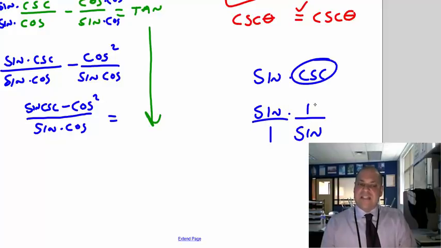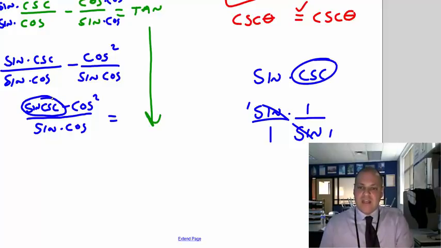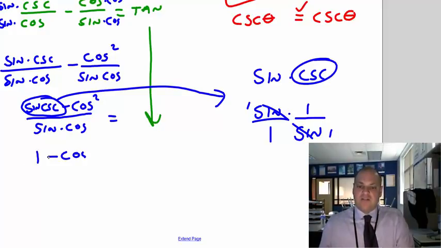If you do sine times 1 over sine, don't the sines reduce to 1? What are you left with? You're left with 1. So sine cosecant is really just 1. So this is 1 minus cosine squared. Sometimes you've got to do a little work on the side.